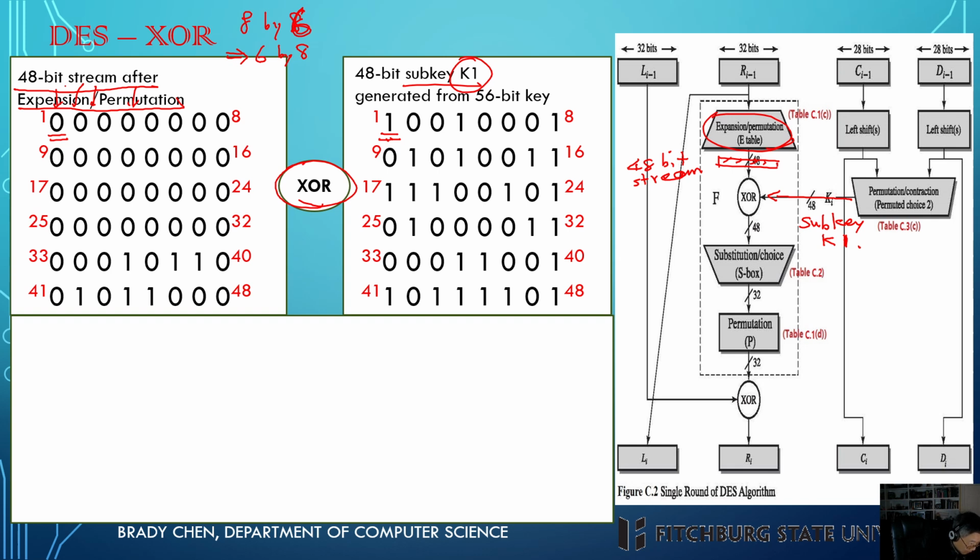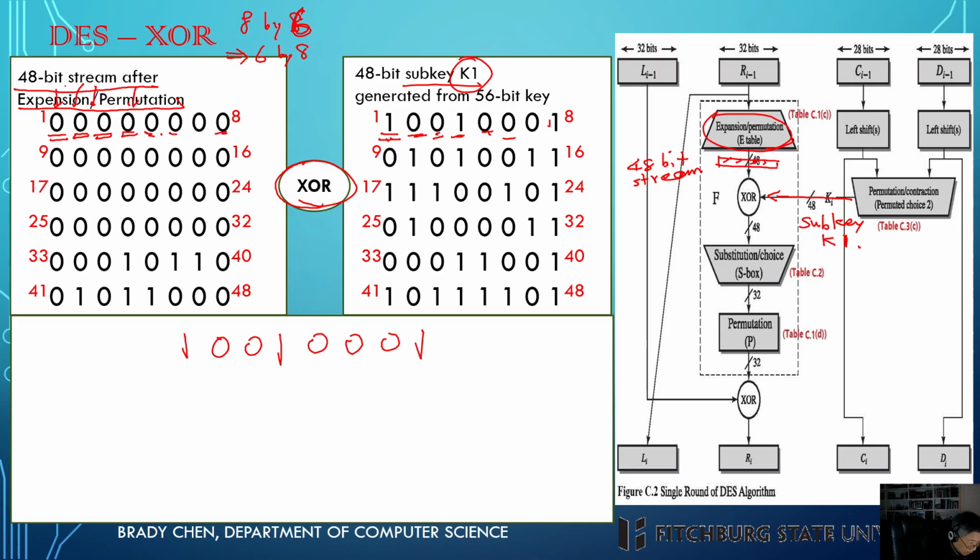Based on the definition, that's 1, right? 0, 0, that's 0. 0, 0, it's 0. 0, 1, it's 1. 0, 0, it's 0. And the next one is also 0, 0, and 0, 1 is 1.